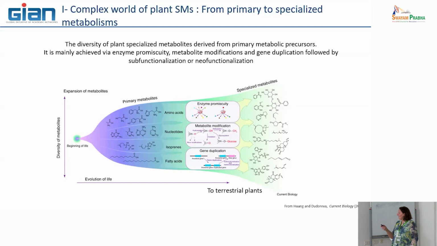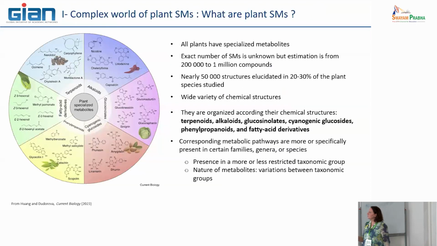So here is the organization of the different metabolites in plants. I like this picture because, although it's not so nice with this projector, you will see that the scaffold of each molecule is completely different. So the chemical diversity of these molecules is very important.